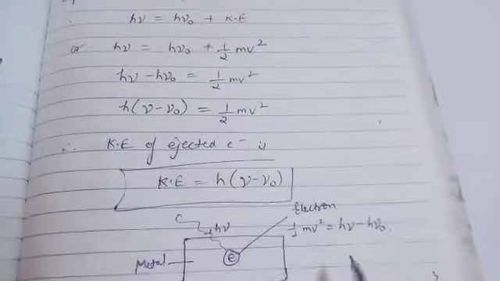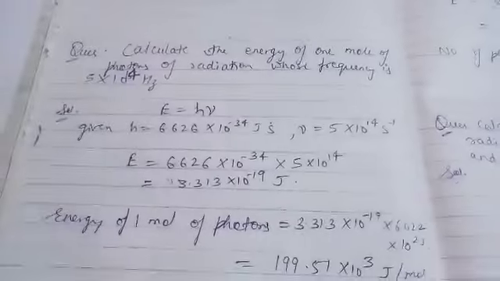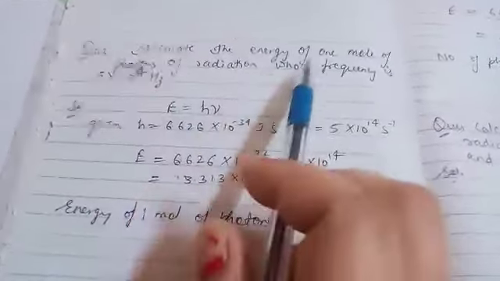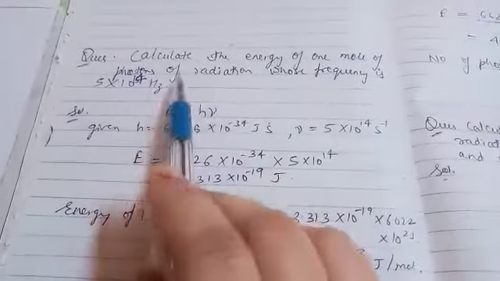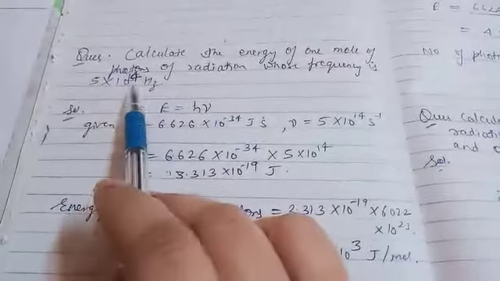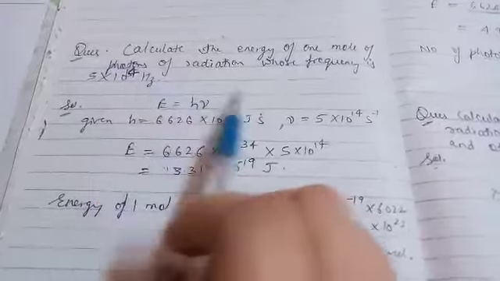Okay, on the basis of this we have numericals also. Okay, the first numerical we will solve. Now just see, your first numerical is, calculate the energy of 1 mole of photons of radiation whose frequency is 5 into 10 to the power 14 hertz. Okay, if you remember, this one is regarding photon of radiation.